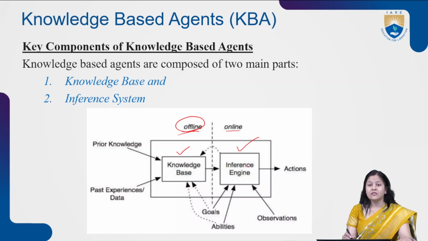Whereas the inference engine, the name itself specifies that it is a kind of engine which is used to infer something from the knowledge base. So this inference engine takes the help of the knowledge base.